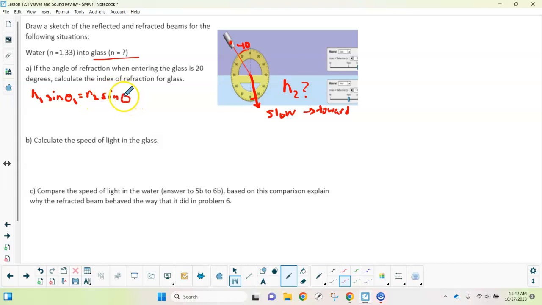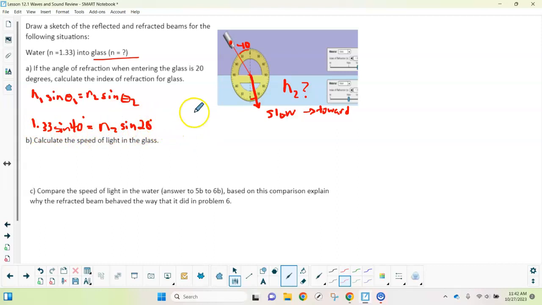And we're going to plug in the values. So we have 1.33 times sine of 40. Make sure you're in degree mode. And then n2 is what we're solving for. That's the mystery. And then sine of the new angle, which is 20 degrees. Okay, so we divide by sine of 20 on both sides.